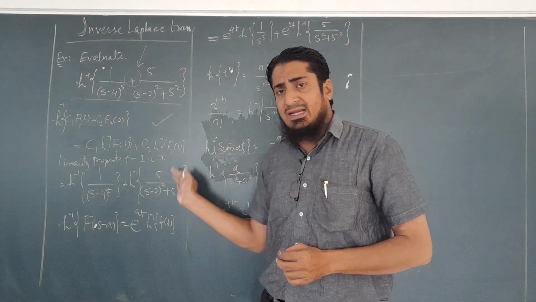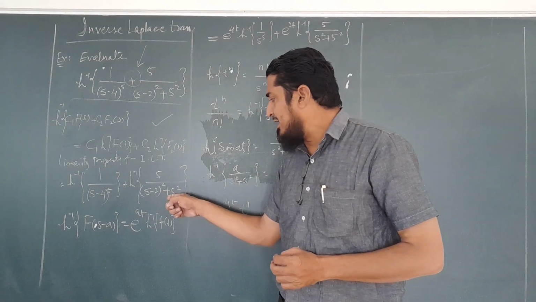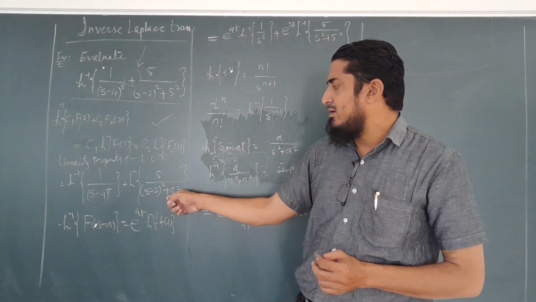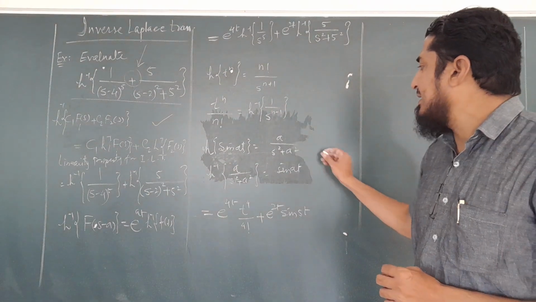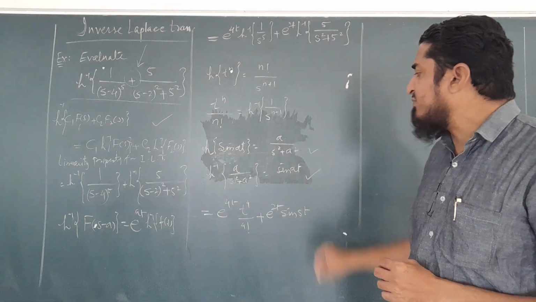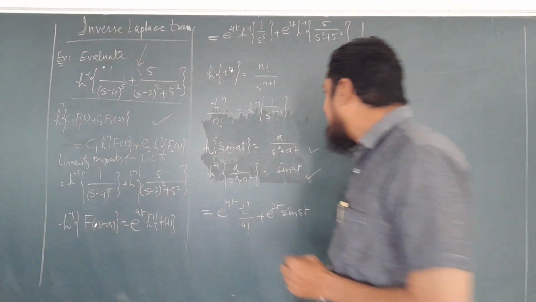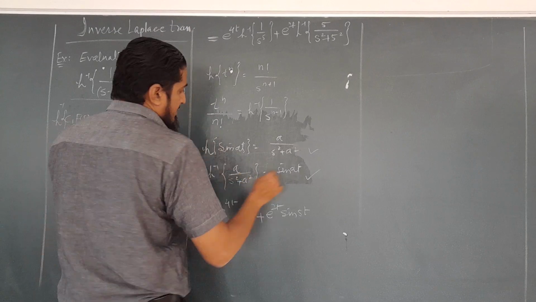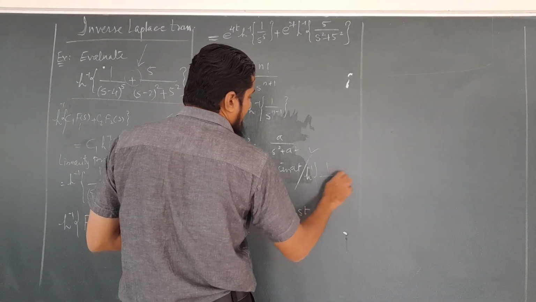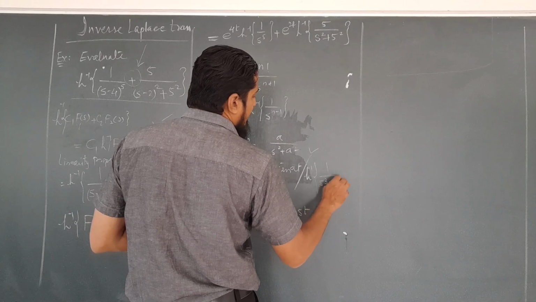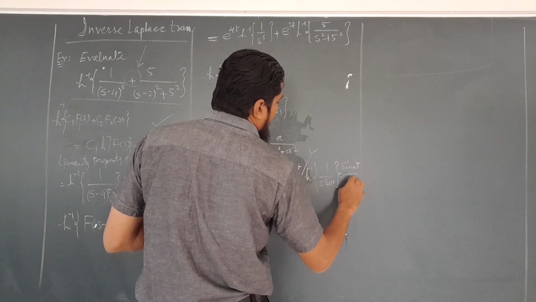We can take them outside, but here we need this 5 to make this inverse Laplace transform a upon s square plus a square, or we can also write that the inverse Laplace transform of 1 upon s square plus a square equals sin at upon a.